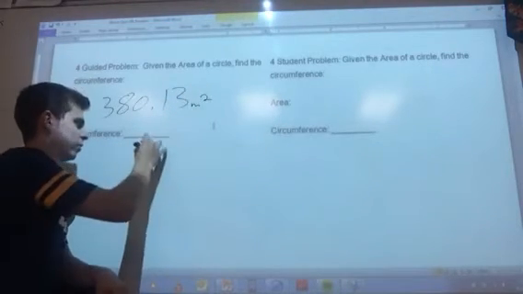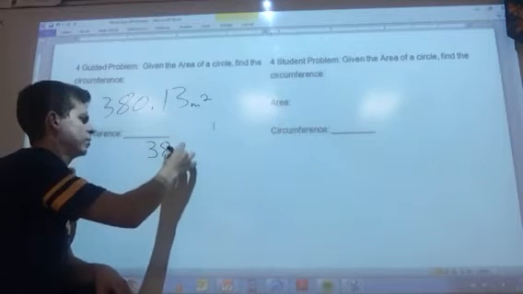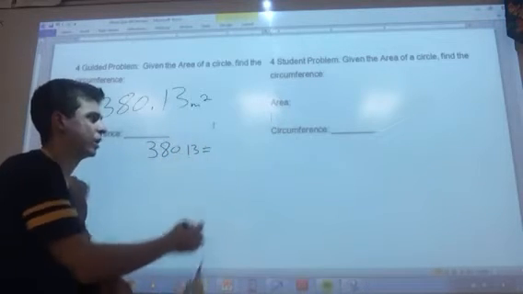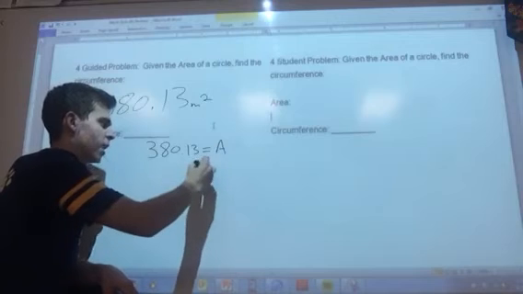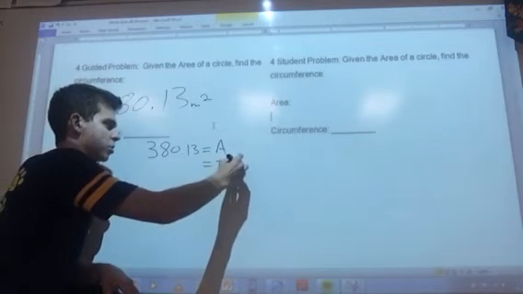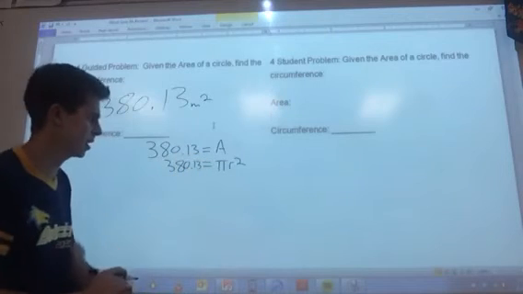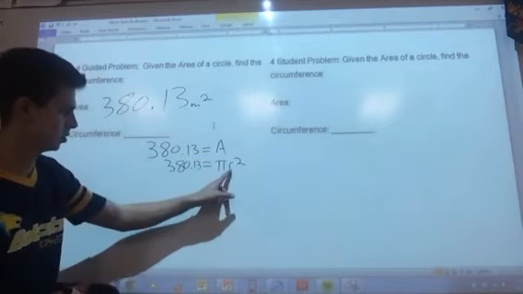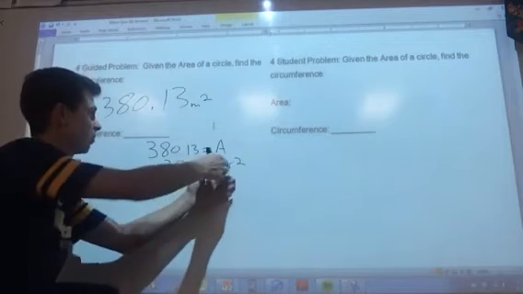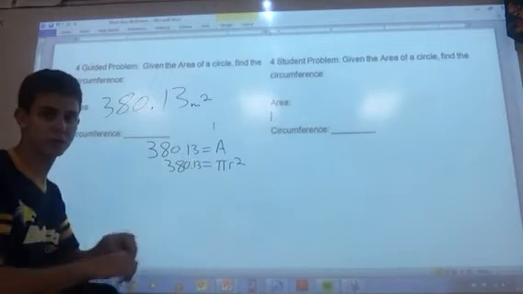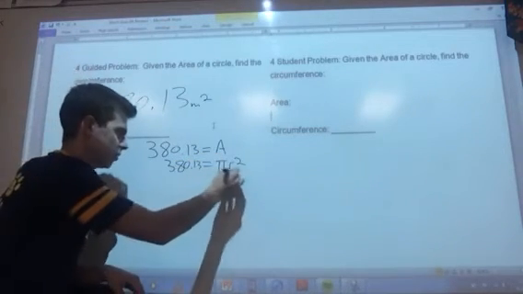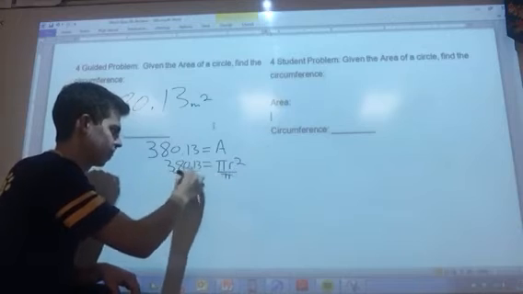Here's how I'll solve it. 380.13 is equal to the area, and the area is pi r squared. So it's just solving for the radius. To isolate this r, because once I have the radius I'll be able to solve for the circumference, I'm going to divide both sides by pi.